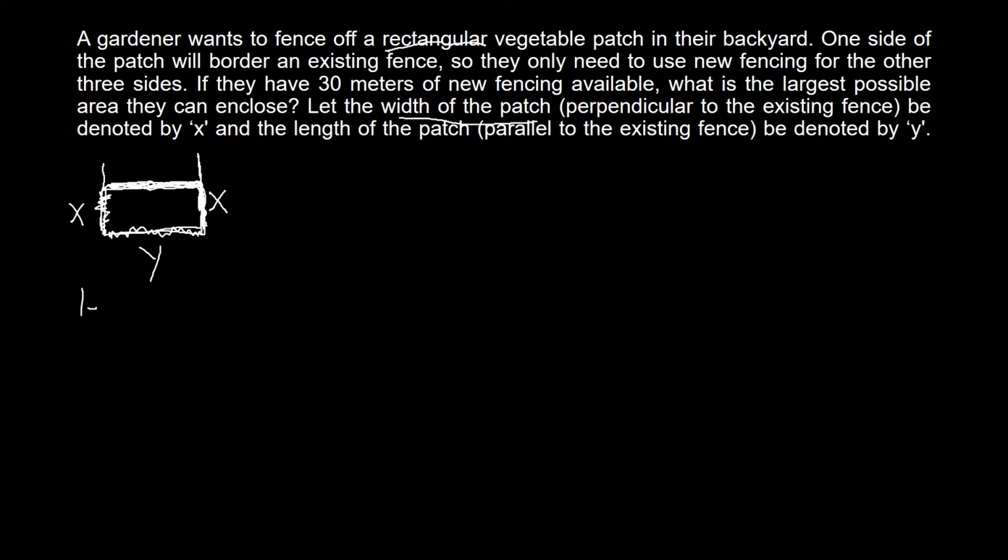So we let A be the area. We're now setting our different variables. A stands for the area, while X, according to the problem, is the width of the patch. And of course, Y is the length.